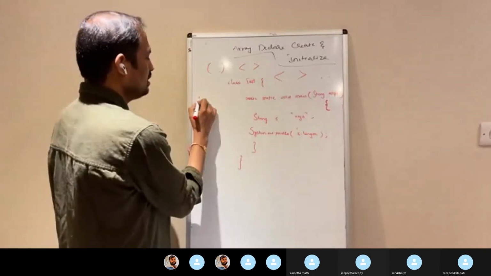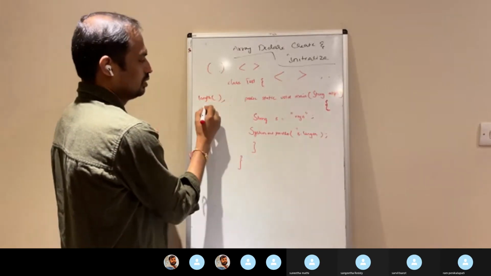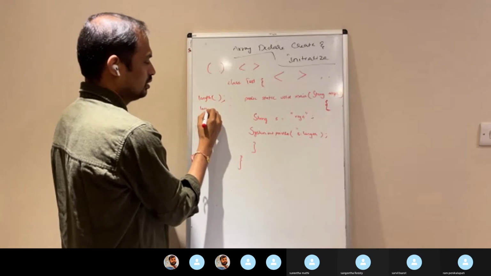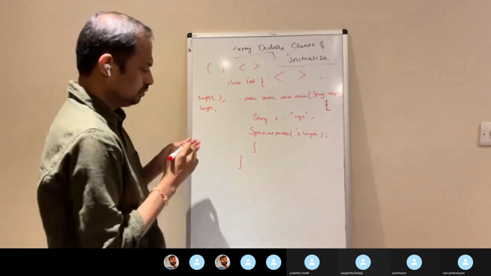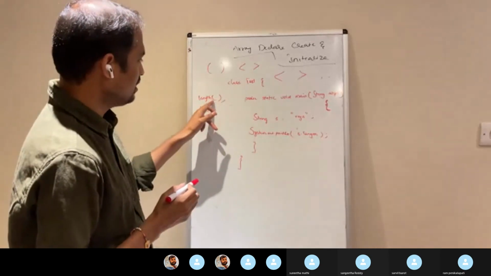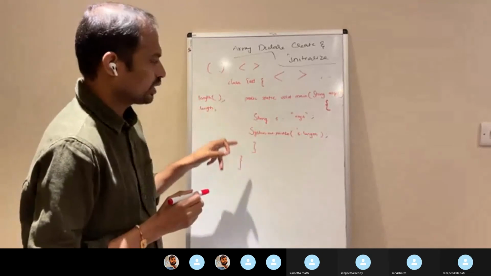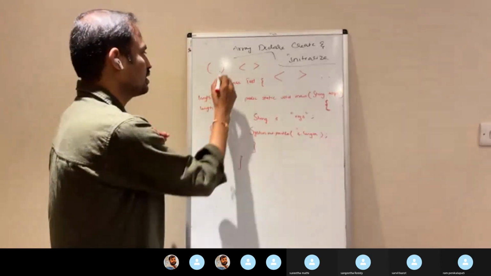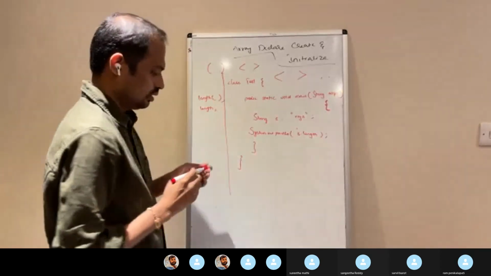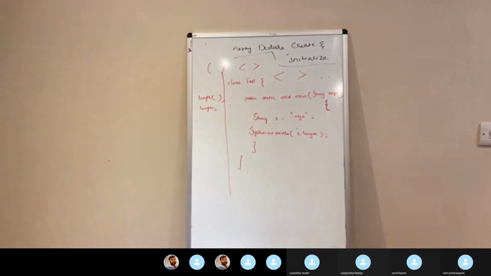The length method you need to use like this, length, just length. So s.length without brackets, and with brackets. Those two programs. Can you run those two programs? What is the error that you are getting? Which one is executing? Which one is throwing an error?